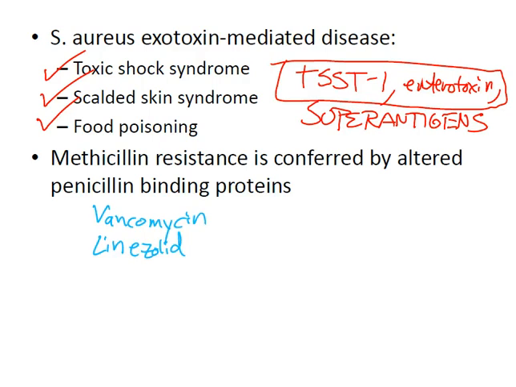Vancomycin is a glycopeptide antibiotic. Linezolid is an oxazolidinone antibiotic class.